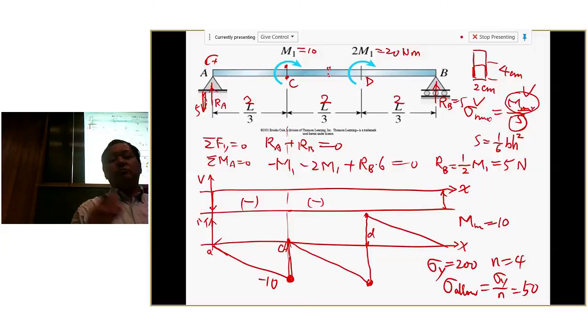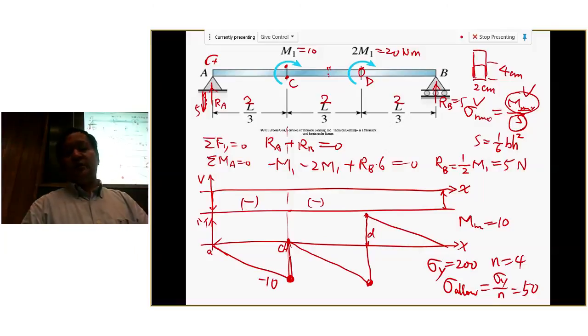So for that reason, we're not going to detail what's happening at this point. We're not going to look at that detail. So basically, we'll find out where the maximum M is, and then use that to calculate the stress. Okay. Any other questions?